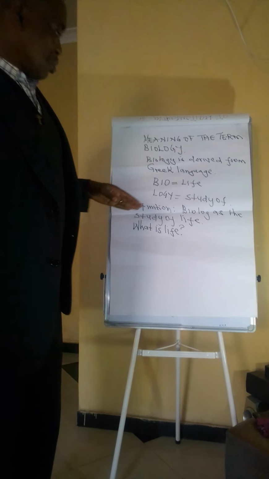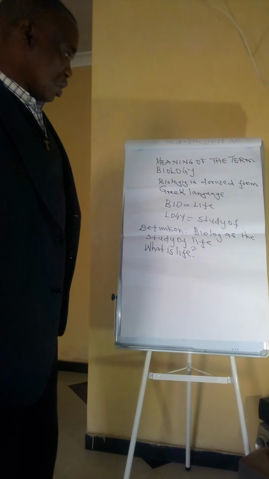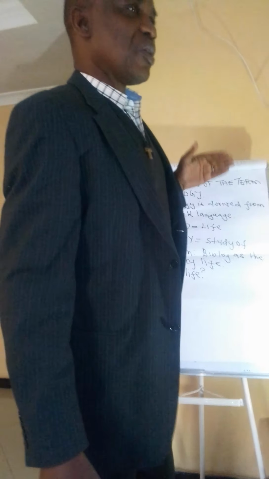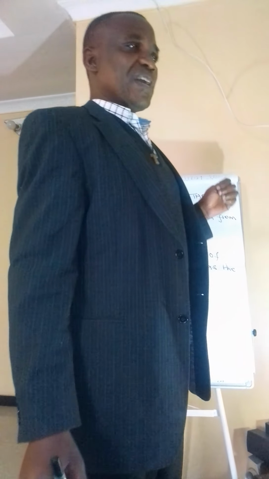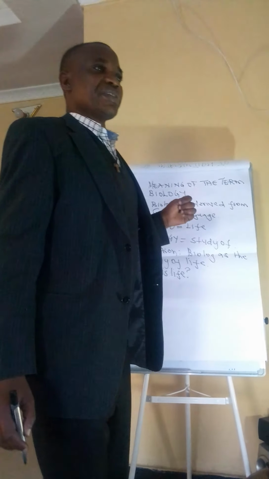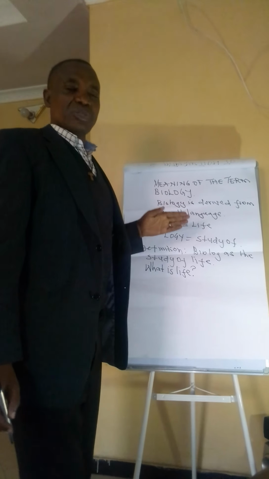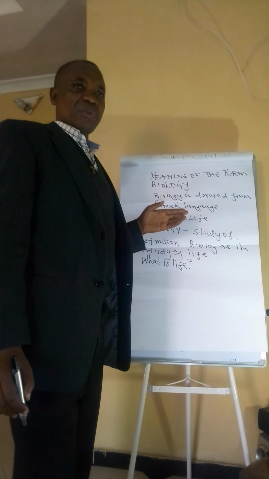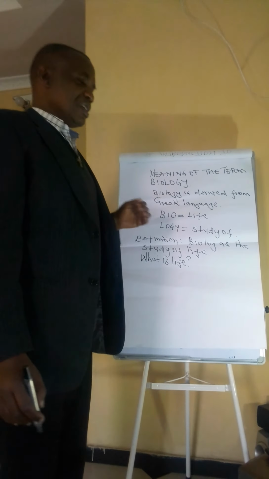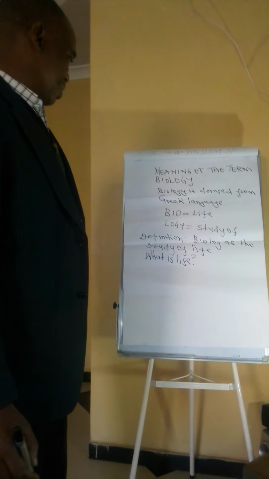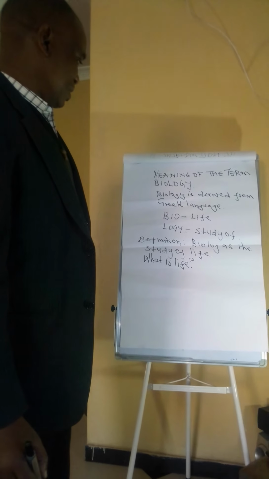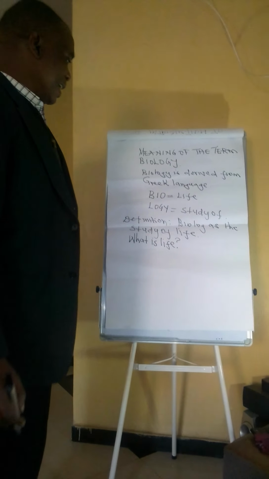And this is what biology is all about. When you look at the characteristics of living organisms, you will find that that is the basis of our ordinary level of biology. It's based on the characteristics of living organisms. And that is the approach that I will take in this series.